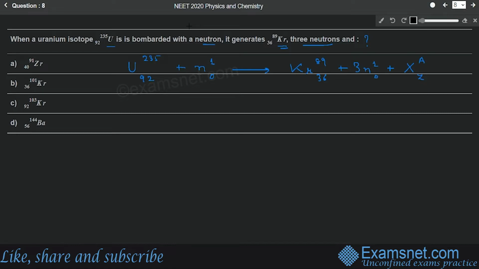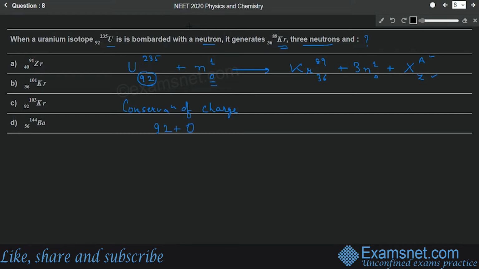Here we can use the law of conservation of charge and mass to find out Z and A. Let's use the law of conservation of charge first. Charge denotes the number of electrons or protons, that means the atomic numbers. So the atomic numbers on the reactant side will be equal to the total atomic number on the product side. On this side we have uranium with atomic number 92, so 92 plus the atomic number of neutron, which is 0.